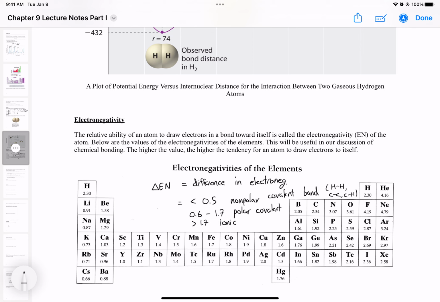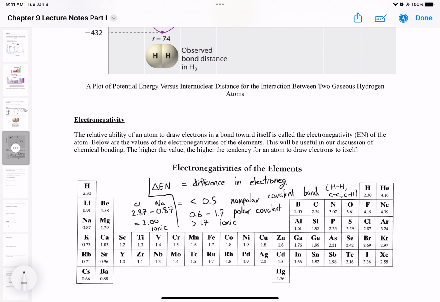So for example, if we took sodium chloride, we see that chlorine is 2.87. So here's chlorine. Now here's sodium. Mine is 0.87. We get a value of 2.00. So that classifies as typically a classic ionic bond.